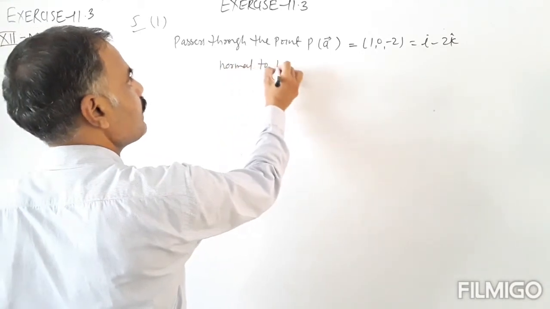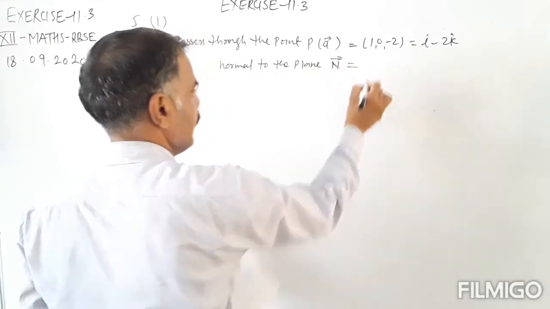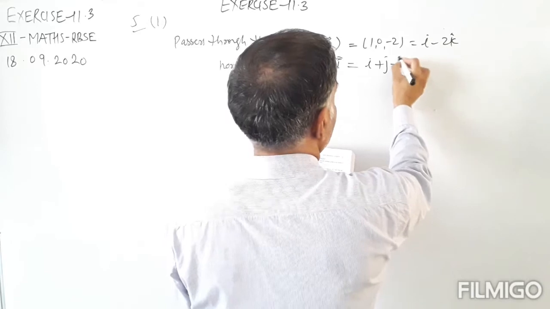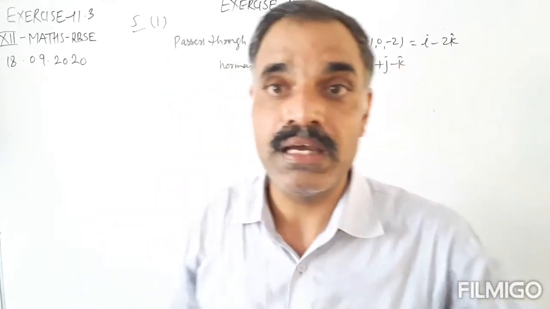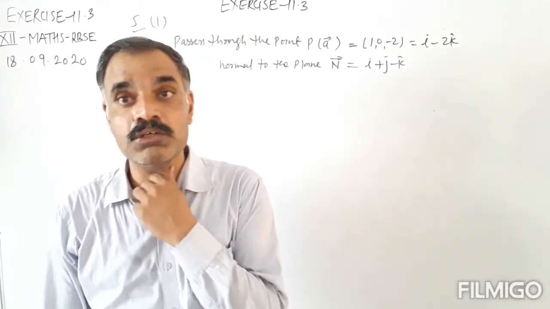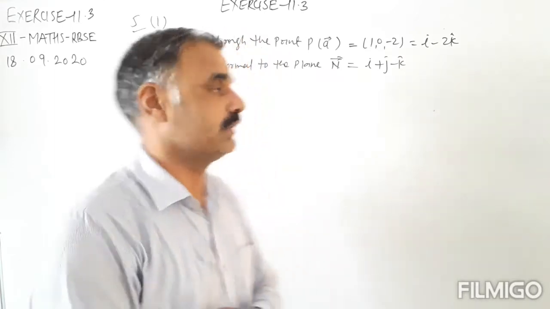The normal vector n is given as i cap plus j cap minus k cap. So we have to find the equation of the plane passing through a vector and normal to the n vector.